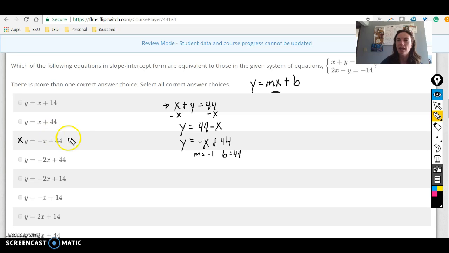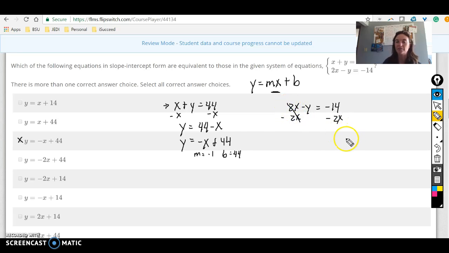All right, and then the next one, we're going to do similar. 2x minus y equals negative 14. Okay, I need to subtract 2x, not subtract a negative 2x. Subtract 2x from both sides.